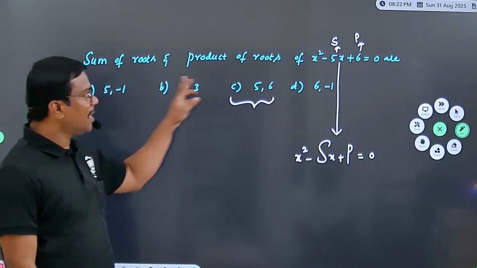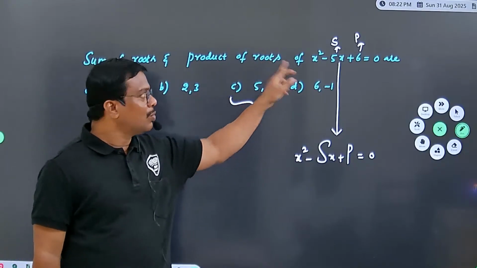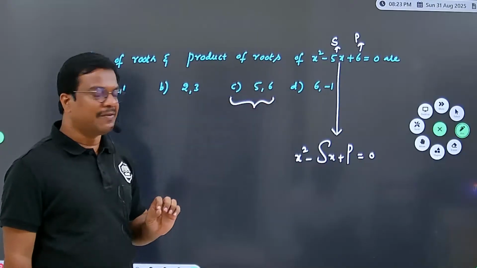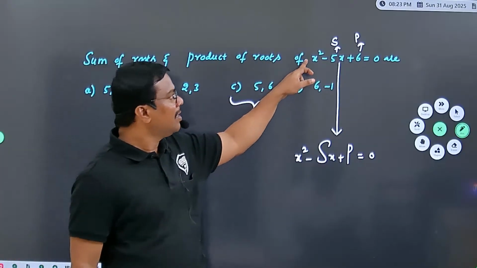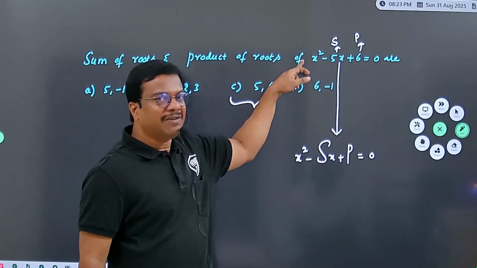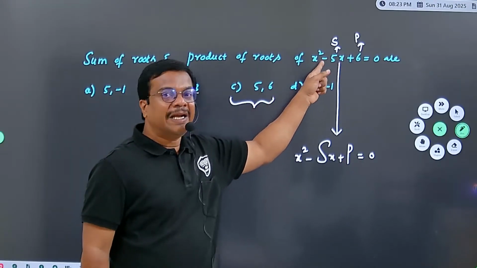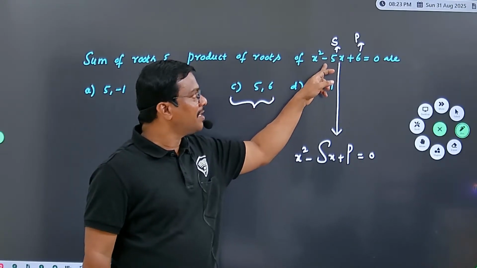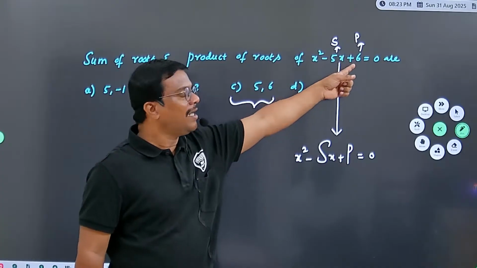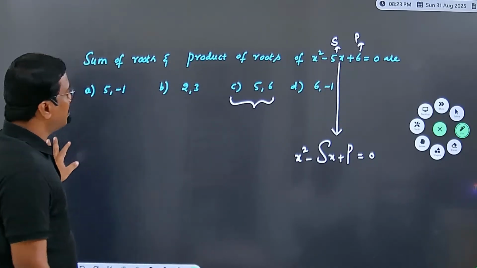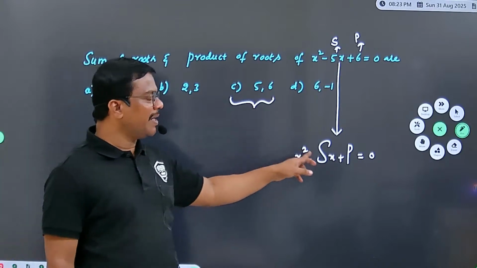Don't calculate the roots of the second degree equation. Just by seeing it, it is very clear that whenever the coefficient of x square equals 1, the negative coefficient of x is the sum of roots and the constant is the product of roots. That's all. Compare just with x square minus sx plus p equal to 0.